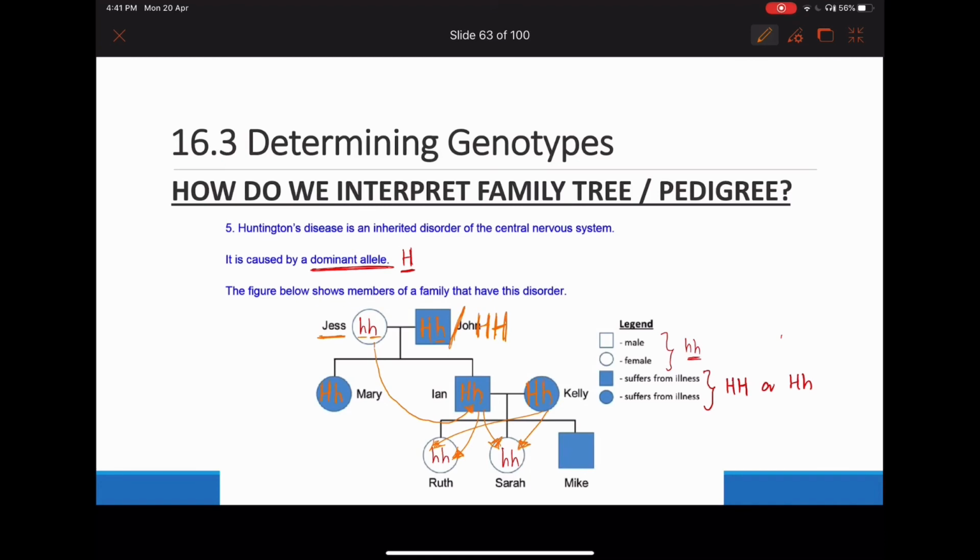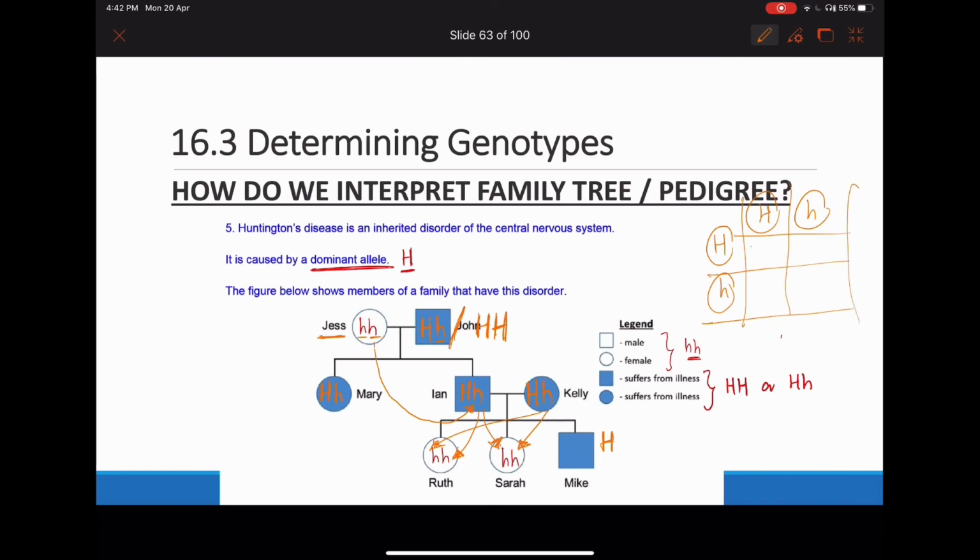If you look at the last child over here, Mike has the disease, so he must have at least a big H. But how can I be certain whether Mike has one big H and one small h, or two big H? I'll give you an example. If you look at Ian and Kelly, if I do the Punnett square for them, this is what will happen. This is the Punnett square for when they have a kid.